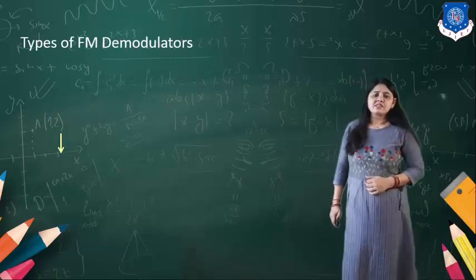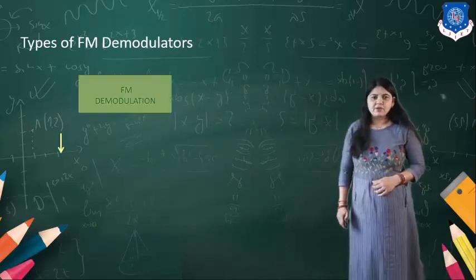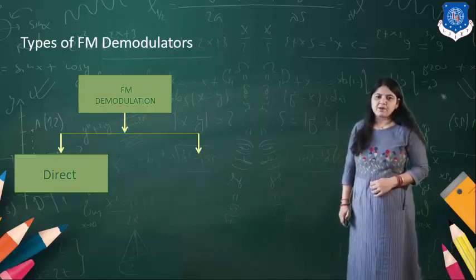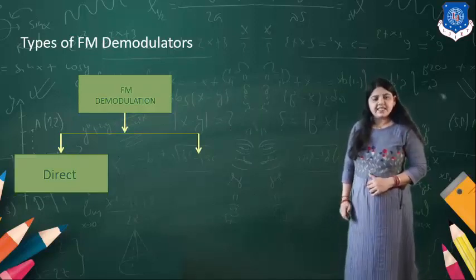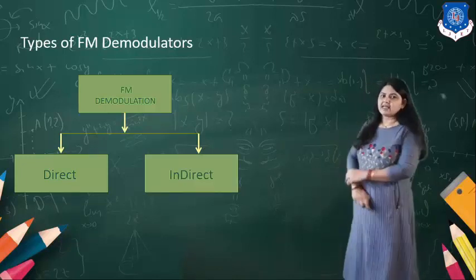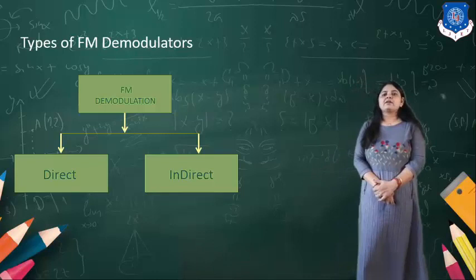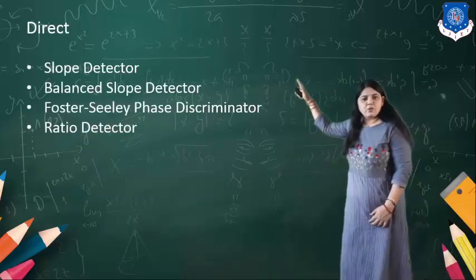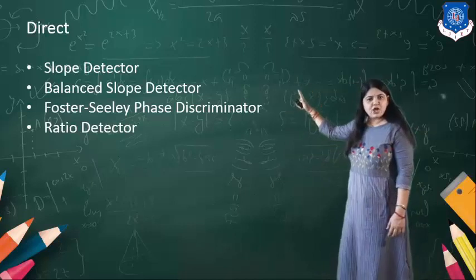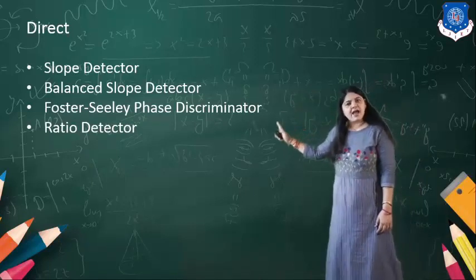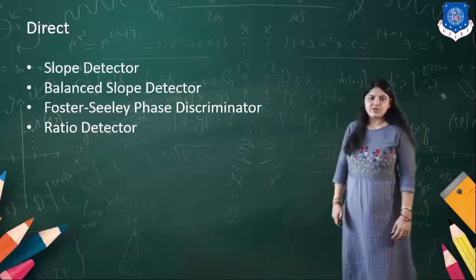There are various types of FM demodulators. FM demodulators are of two types: one is the direct FM demodulator and the other is the indirect. The direct FM demodulators are the slope detector, balanced slope detector, Foster-Seeley phase discriminator and the ratio detector.